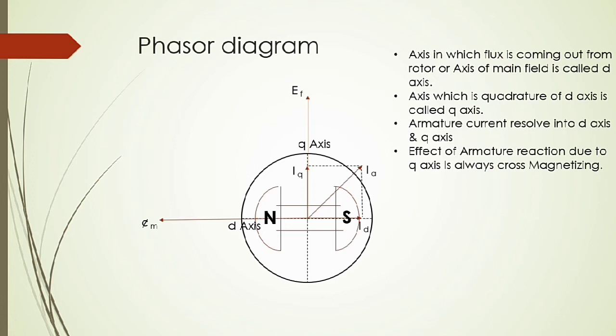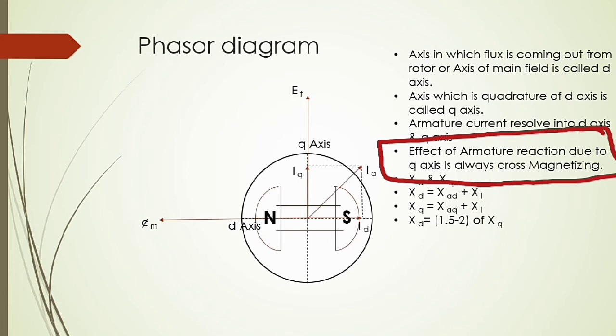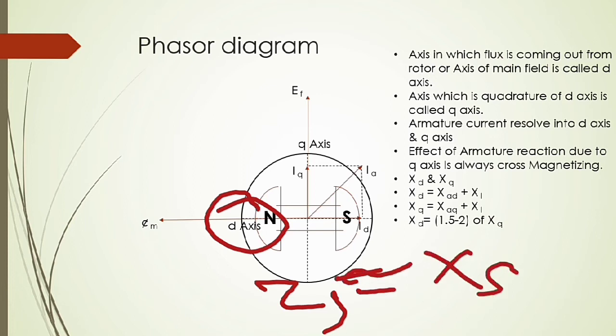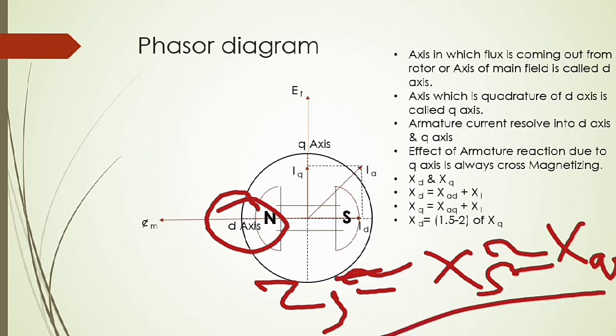The voltage drop is due to the synchronous impedance. In the d axis, Zs, the synchronous impedance, is approximately equal to the synchronous reactance, which is approximately equal to the armature reaction reactance.